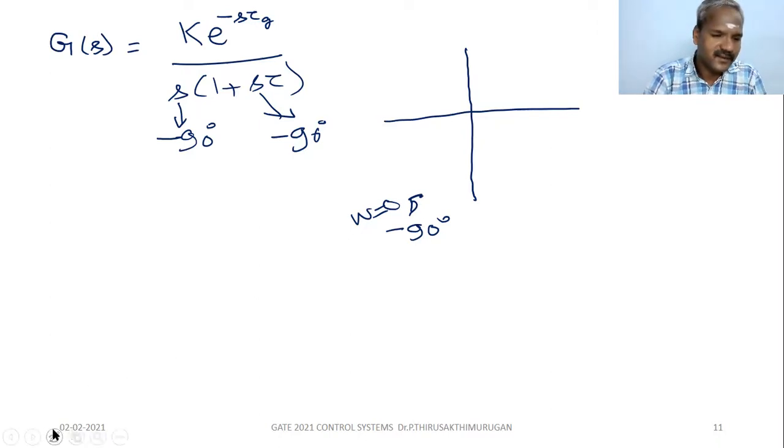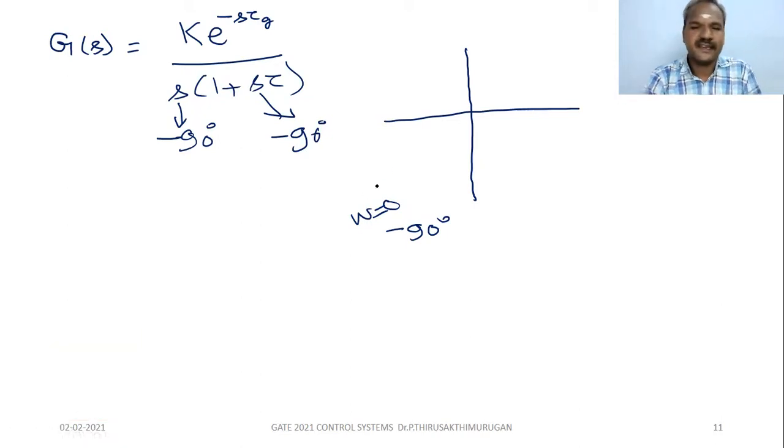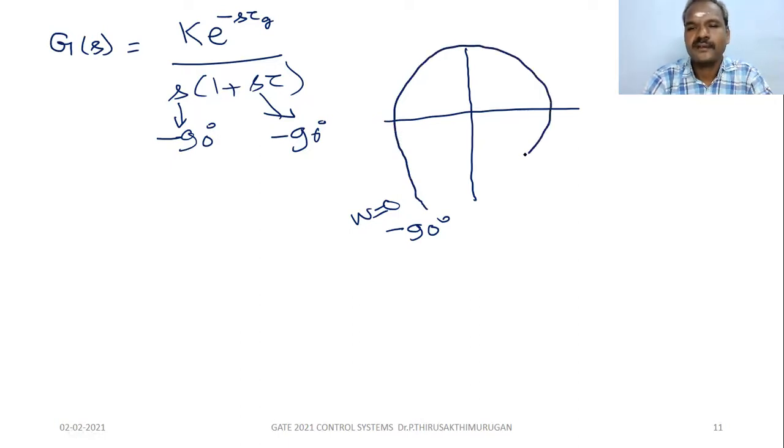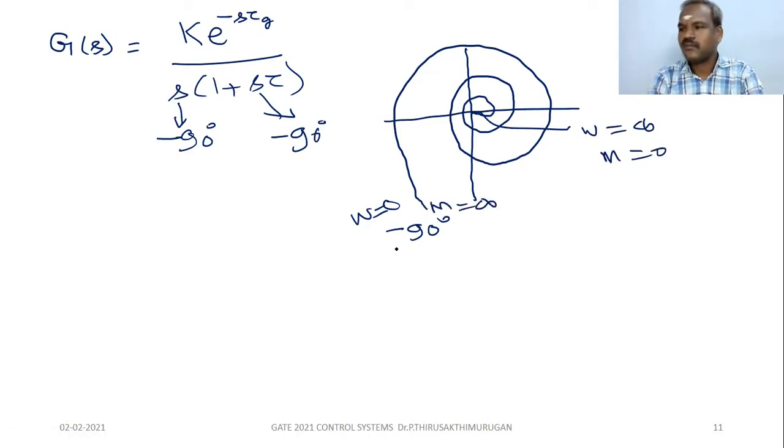So it has one lag. This is different from other cases, but the initial point is at an angle of minus 90. So it starts here and goes rounding another round, and it ends here. Omega 0 at this point, omega infinity magnitude is 0. At this point magnitude is infinity, at an angle of minus 90.